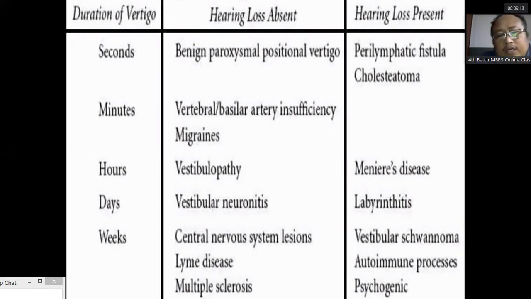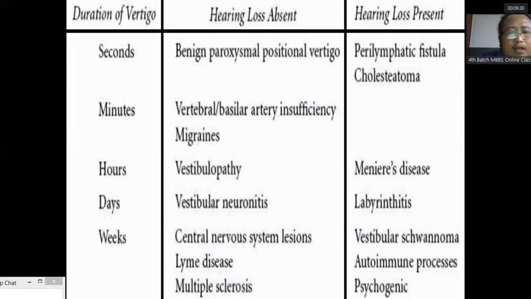Always, after the patient gives the complaint about vertigo, ask the patient to elaborate regarding the vertigo. Then in the next questions, you should always ask for your benefit, is there a hearing loss or not.